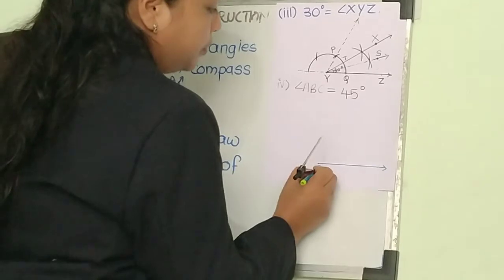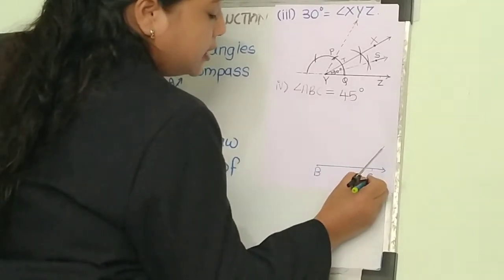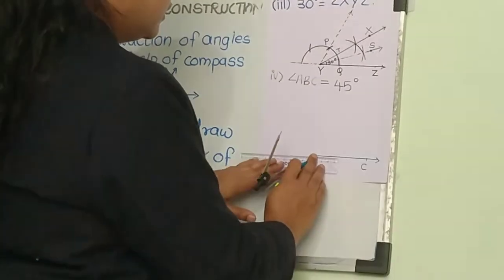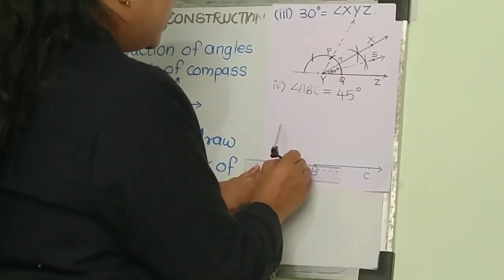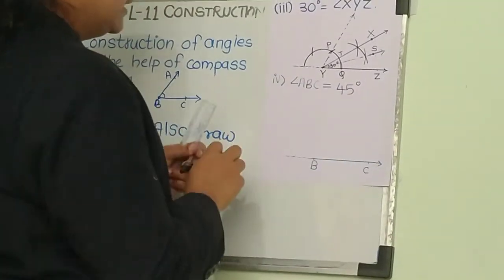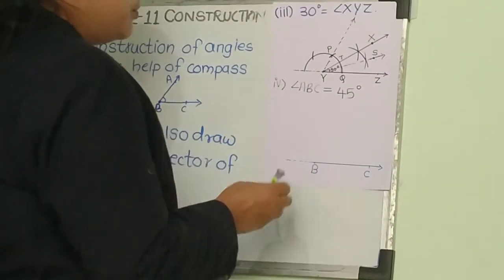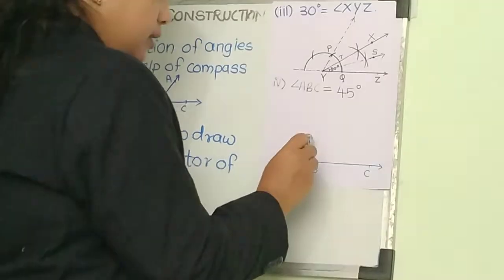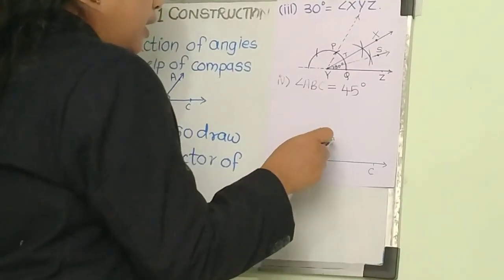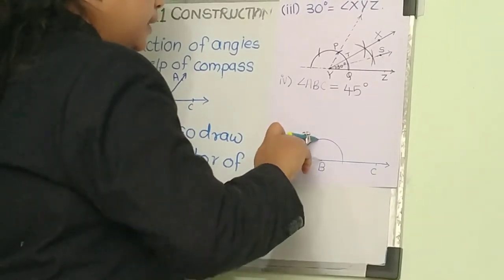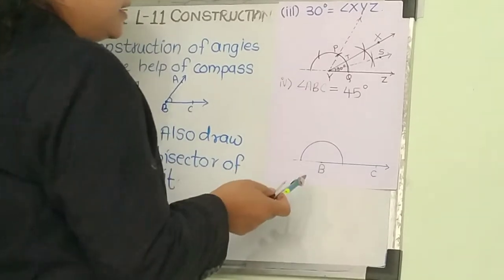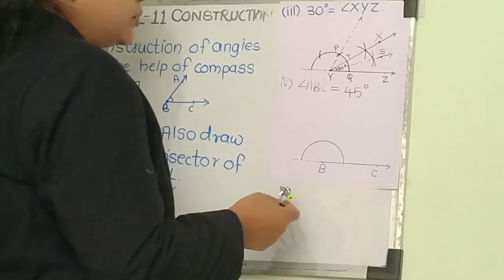So here B and C will come. Then we are going to extend the line segment left of B. Then through B as a center, we are going to draw a semicircle of fixed length. Correct? Same process we have to draw here also.